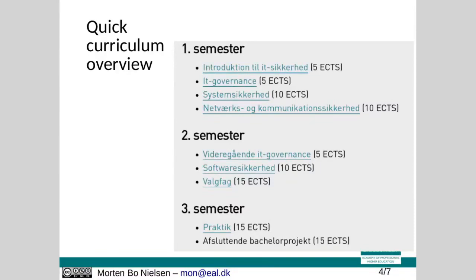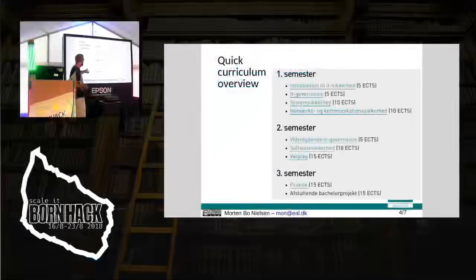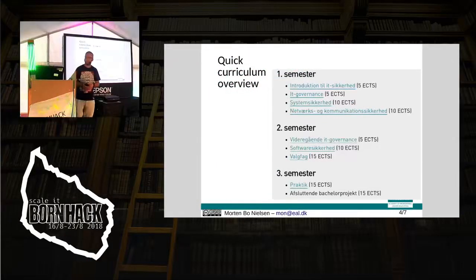It covers introduction to IT security, IT governance, system security, network and communication security, advanced IT governance, software security, and then all the electives, internship and a final project. So, as you can see, if you find someone who knows these things, you're probably well suited to do security in a company. And that is basically the goal of it.